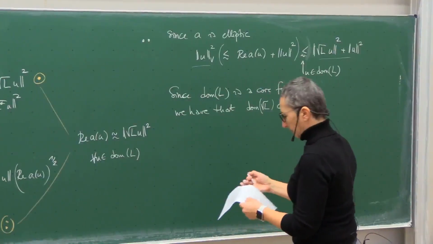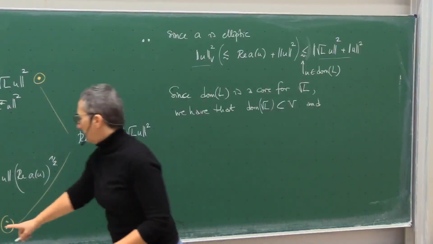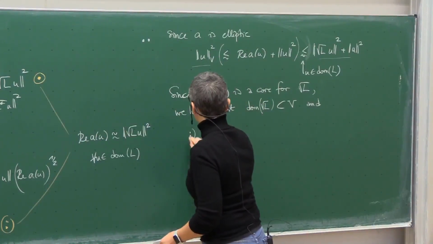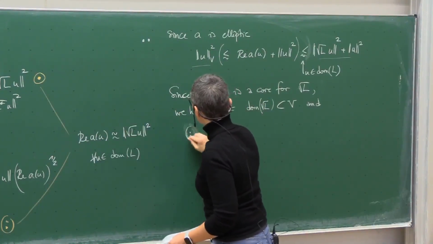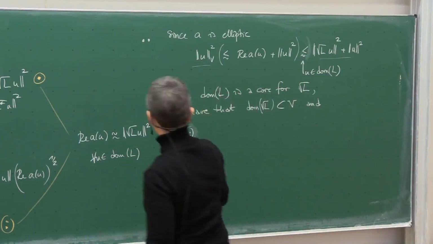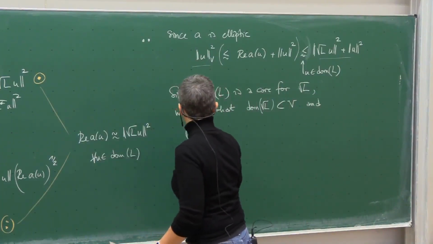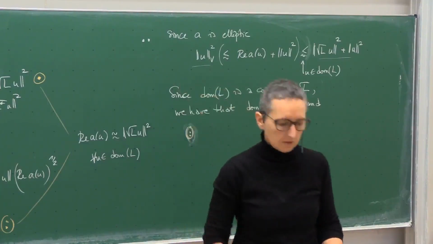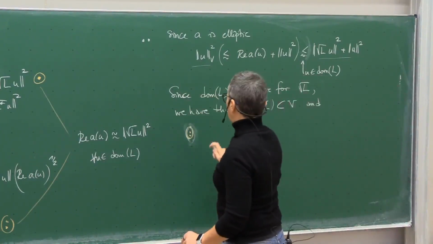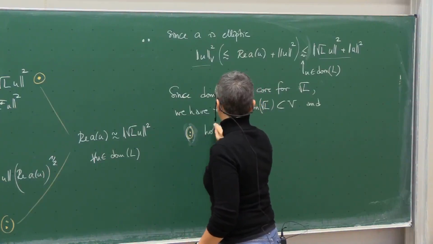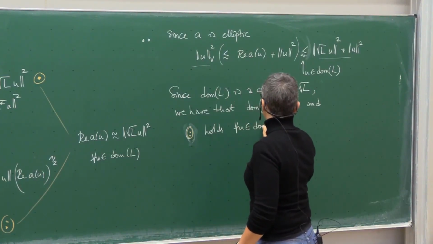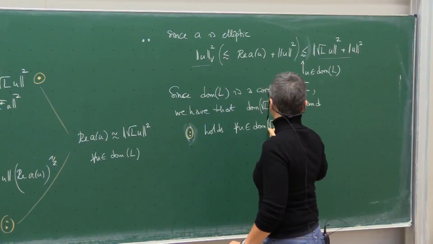So 12.6. Well, that was maybe the orange one, right? This equation in orange holds for all u in the domain of the square root of L. Right?